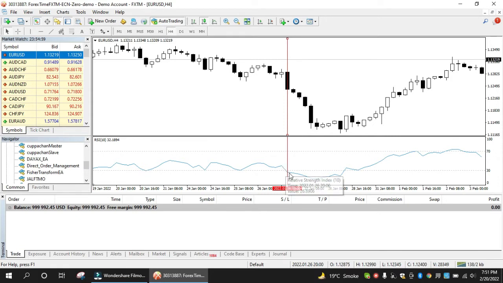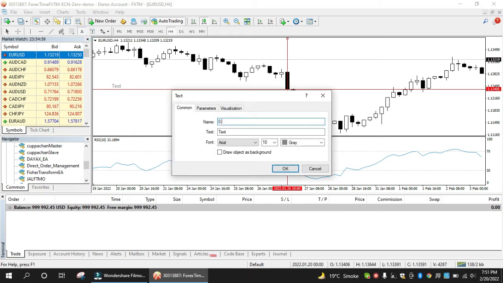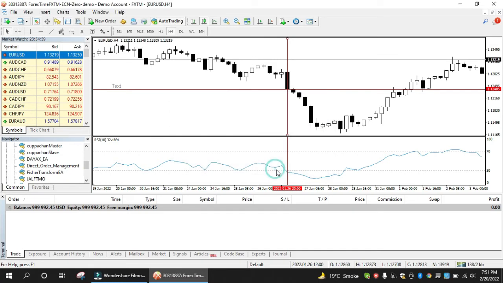So we are supposed to open a buy trade here. Someone will open a buy trade here, but with some lot size, let's say maybe 0.01, right?